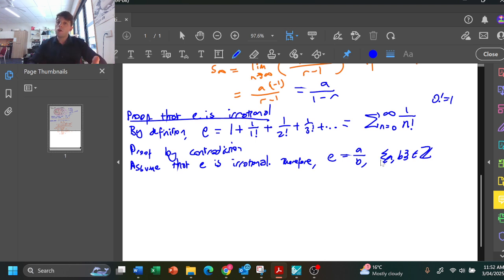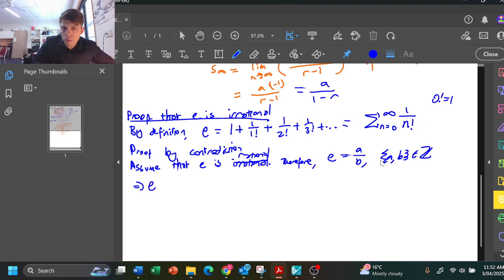So let us assume that this is true. What can we find? Well, let's start out with our definition. So if e is rational, therefore it can be written as e equals a over b.